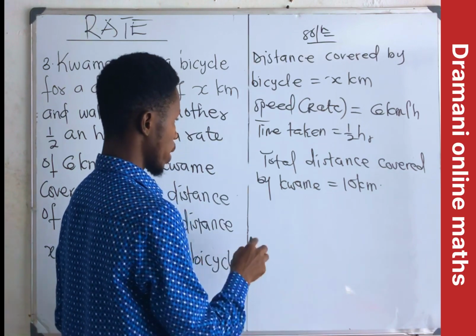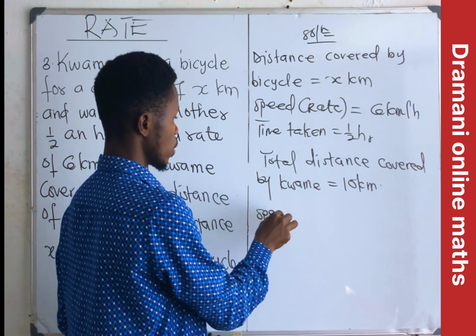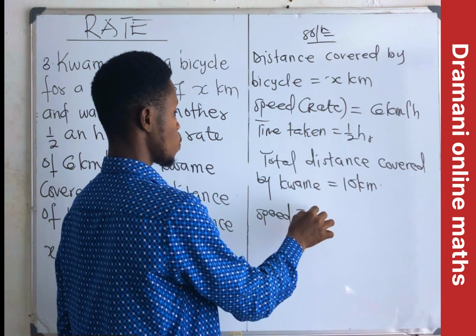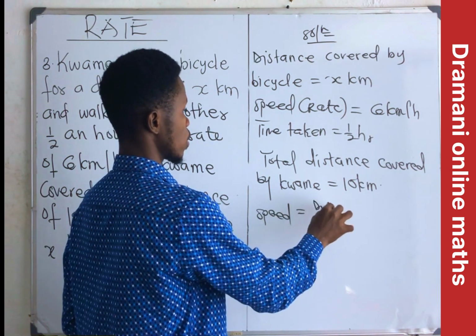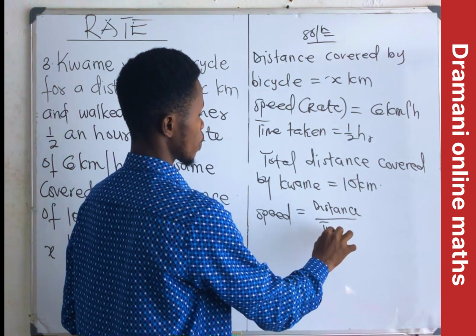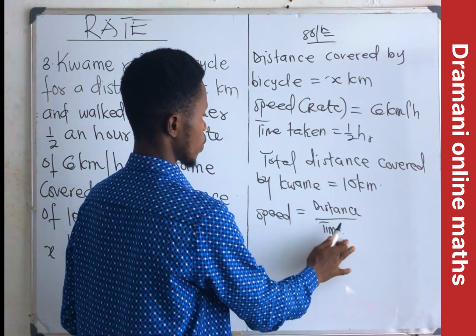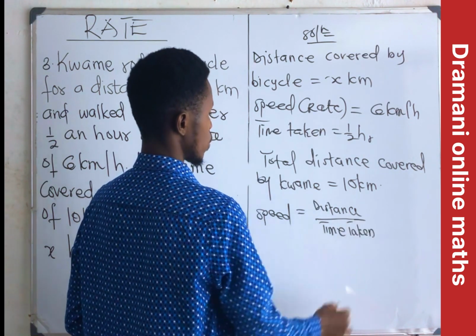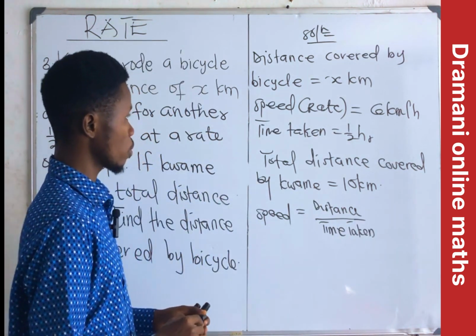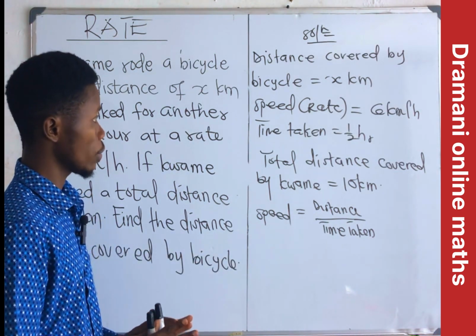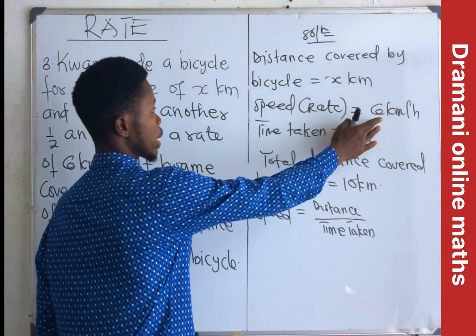So we know that speed is equal to the distance over time taken. Now for this matter, you know that the speed is given as 6 kilometers per hour.